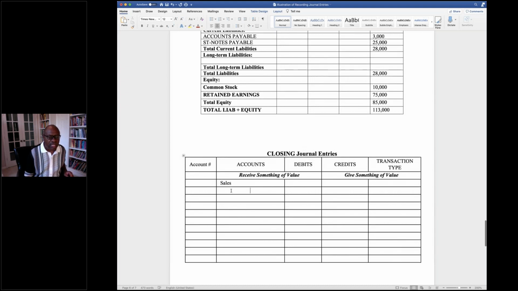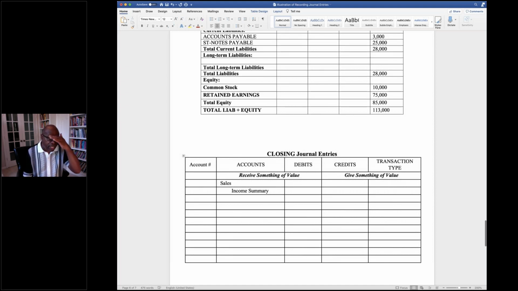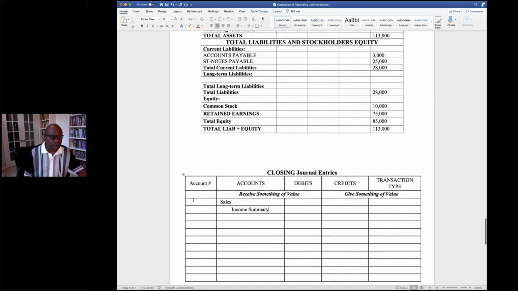And I'm going to credit income summary. And this is just a holding account that we're utilizing. And this is closing entry 1. So I'm just going to put Roman numeral 1 here.